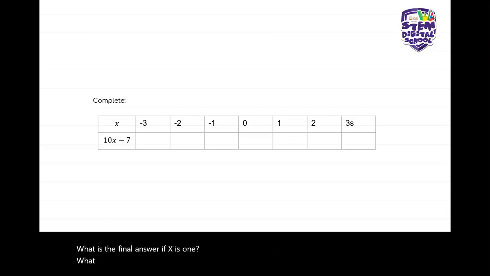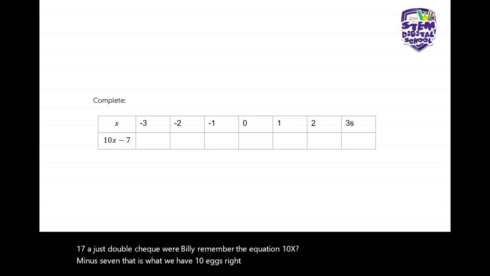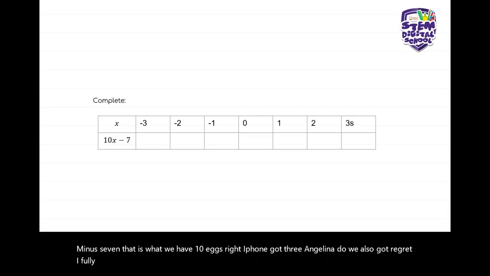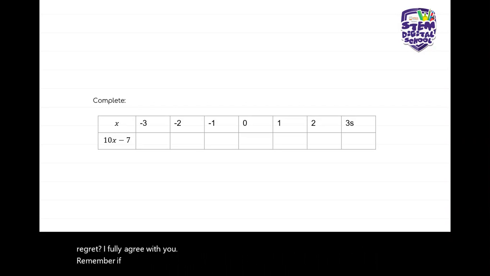I see Huapili says negative 17. Just double check Huapili. Remember the equation 10x minus 7. That is what we have, 10x. Right, iPhone got 3. Angelina Dube also got 3. Great, I fully agree with you. Remember, if you multiply 10 by 1, you get 10.